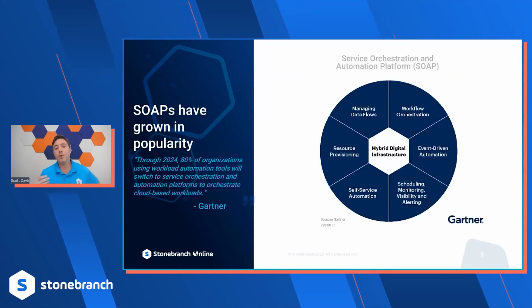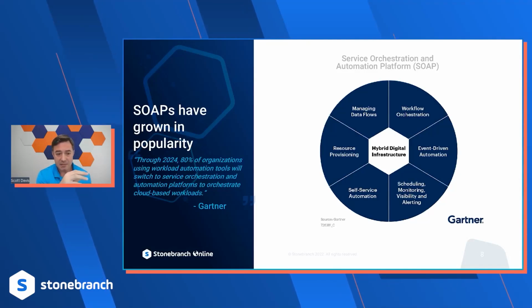Gartner coined this term service orchestration and automation platforms in 2020. And the real driver of this, as the evolution from what would have been known as workload automation, is the idea that enterprises need to automate what's happening on-prem, in the cloud, and then really empower people with things like self-service automation and data pipeline development automation.